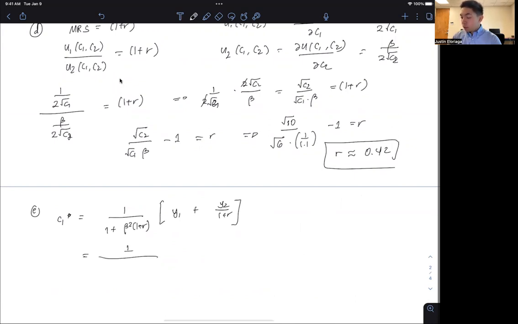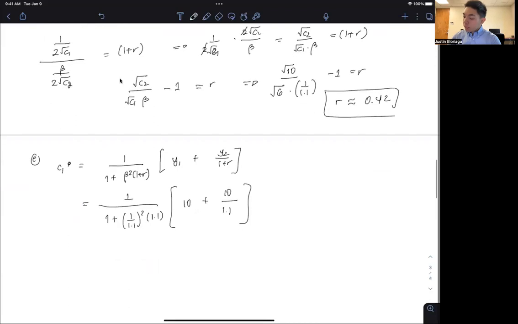So if we plug in everything, this is 1 over 1.1 squared times, with 1 plus R being 1.1, times 10, plus y2, which is 10 also, no change in income in period 2, divided by 1.1. If we simplify this, this and this will cancel out, right?